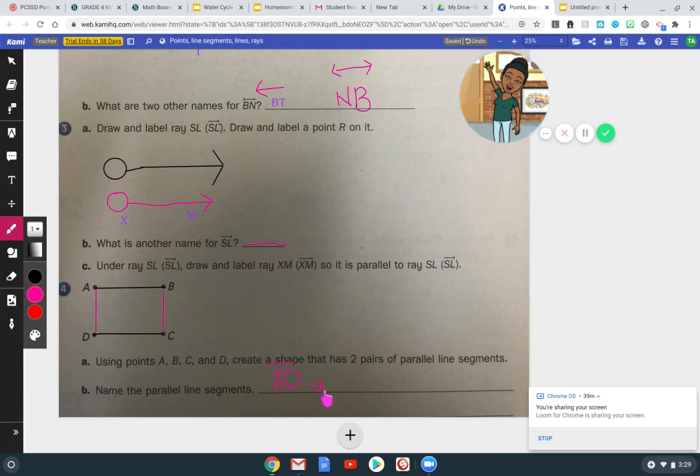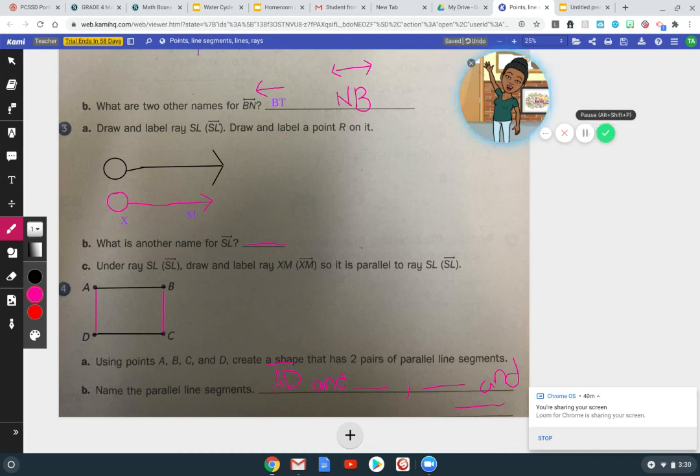AD and what other line segment? Put it right here. And then you will have your final pair. Blank and your second segment.